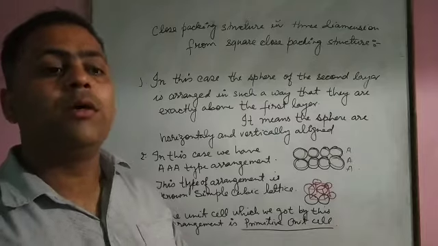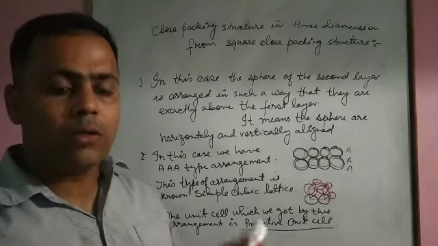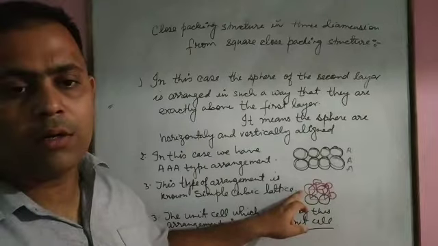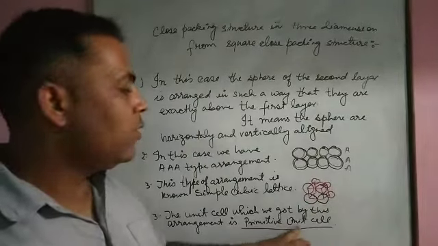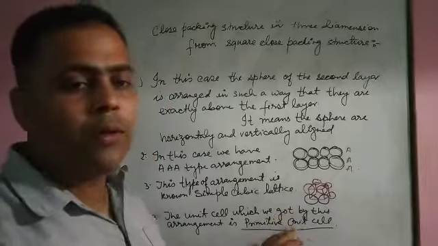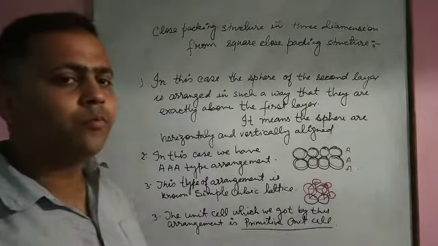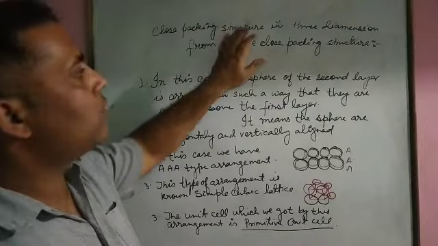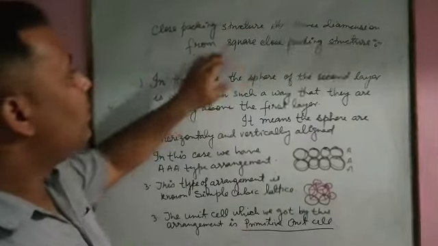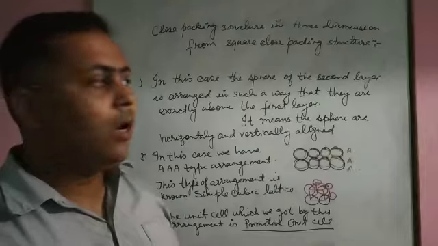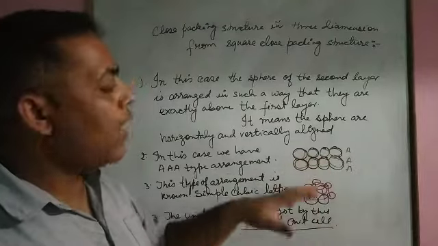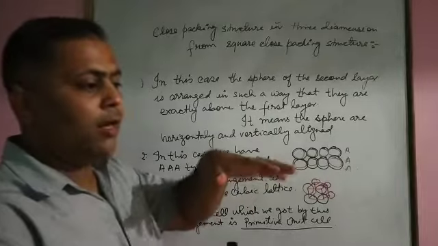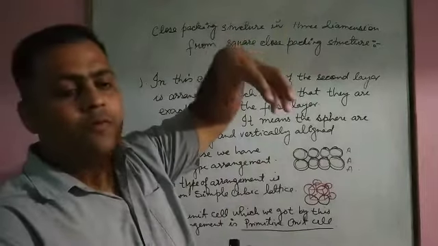It means a cube or unit cell in which the atoms are present at the corners forms a primitive unit cell or simple cubic unit cell. Here, we see a three-dimensional close packing structure from square close packing. It is in such a way that the second layer is just aligned to that of the first layer.